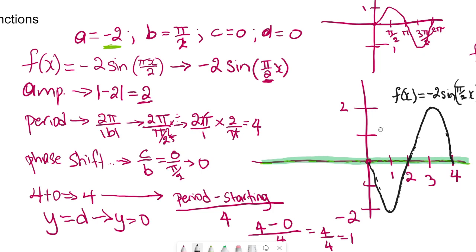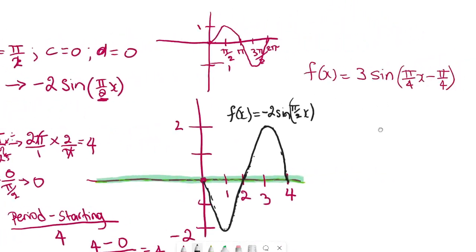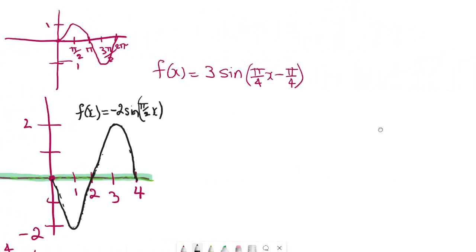All right, let's look at another example here. What if we had this function, 3 sine of pi over 4x minus pi over 4. Like I said before, it is going to be very helpful if we identify your A, B, C, and D's.